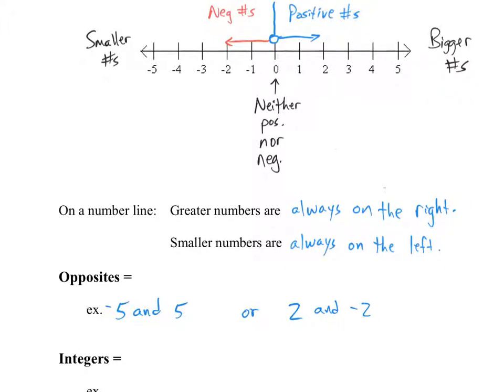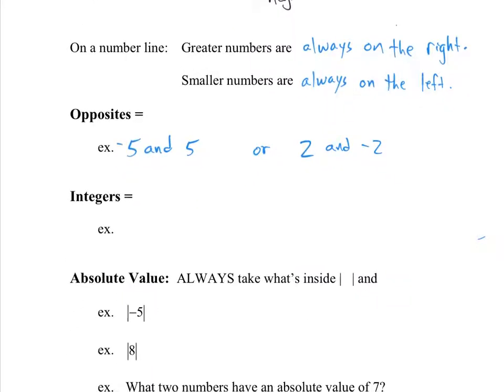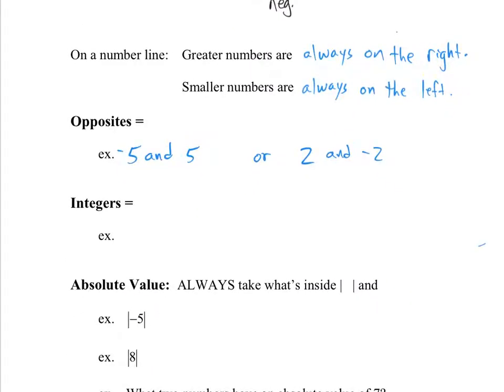So the official definition is that opposite numbers are two numbers that are the same distance from 0 on the number line. So 5 is 5 to the right. -5 is its opposite because it's 5 to the left. So that's kind of the official definition. I struggle with that a little bit though, because that doesn't make it real clear in my mind.